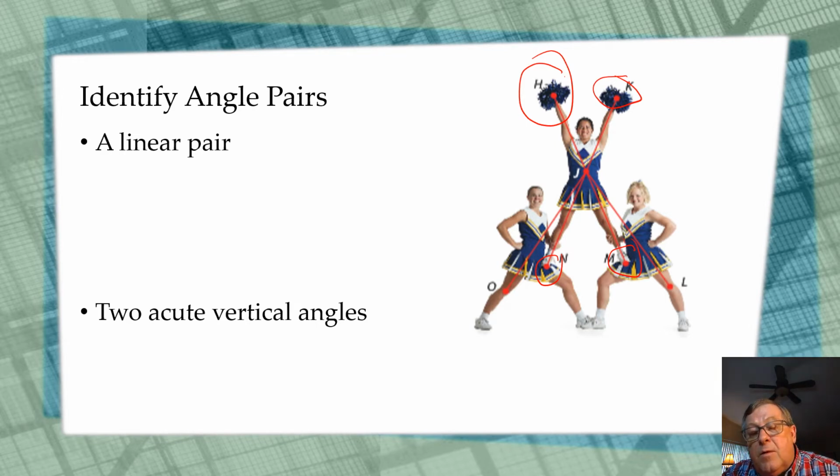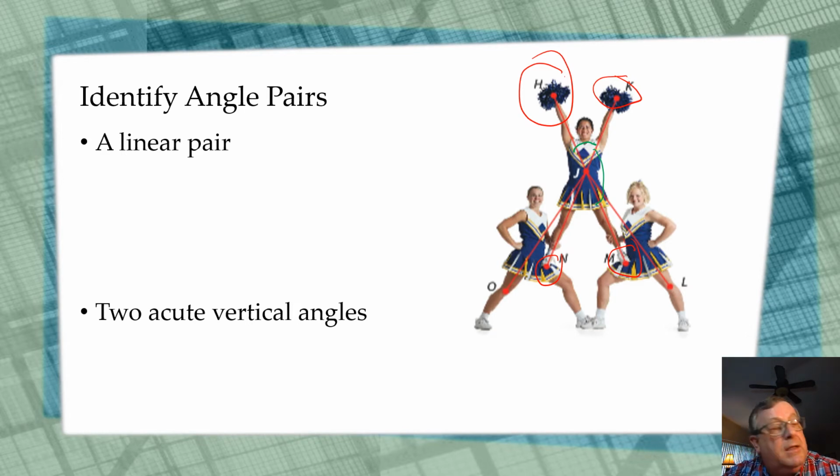Now, let's see what we have. Well, angle HJK, this angle right here, and KJM, all of this, those two angles together form a line.